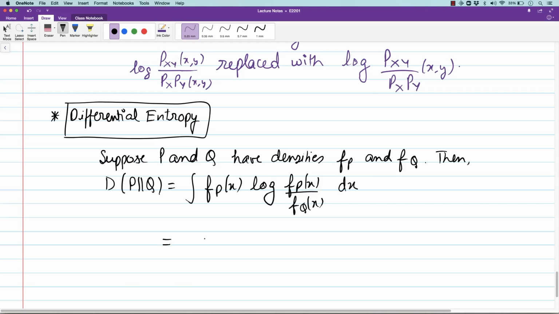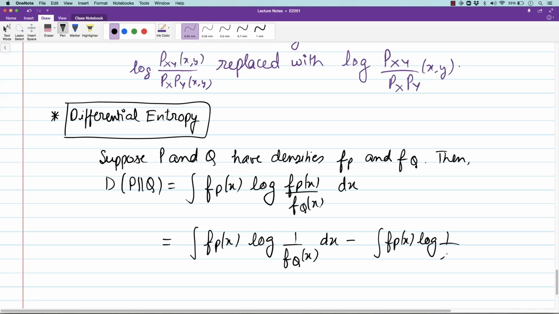But then we can again express it as we have been doing before, as the integral fp(x) log 1 by fq(x) dx minus the integral fp(x) log 1 by fp(x) dx.